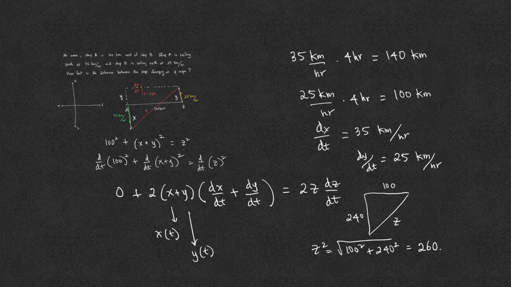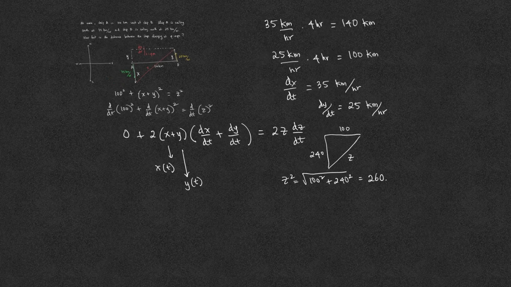Now we have z. We just need to isolate dz/dt. It is probably easier if we plug in the numbers before isolating dz/dt.